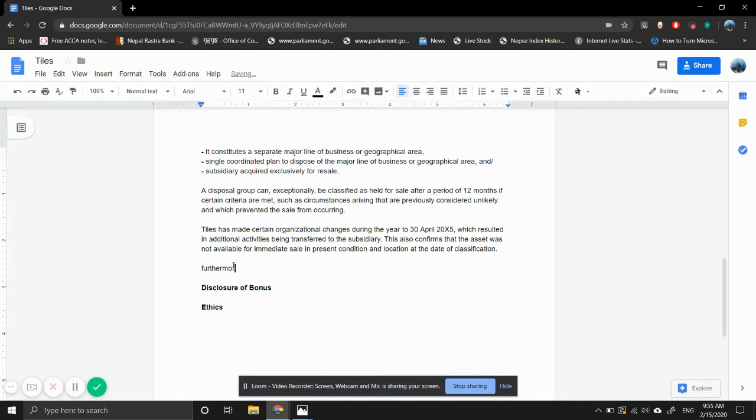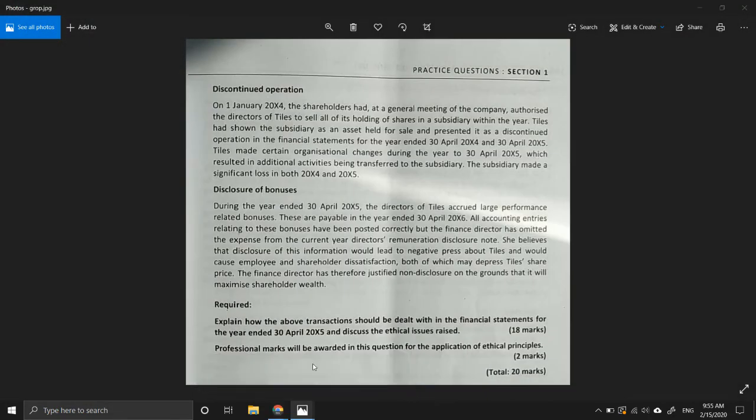Furthermore, how much did the shareholders authorize? They authorized it on 1st Jan.